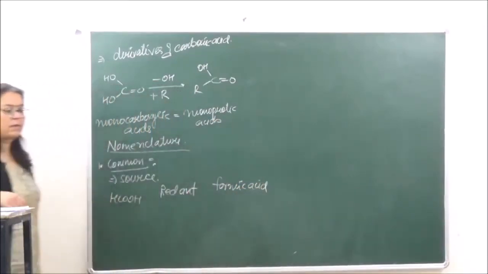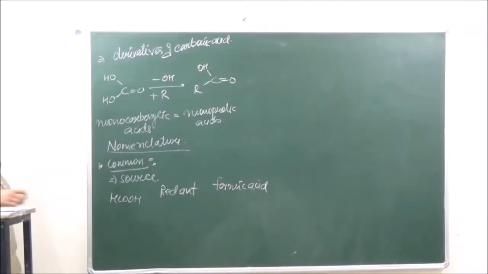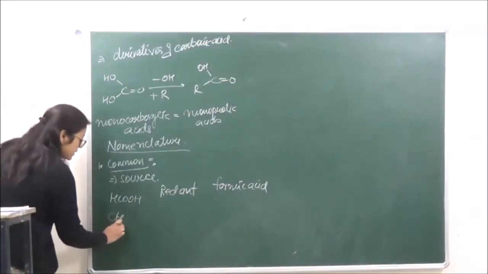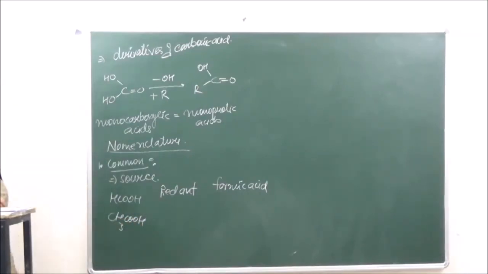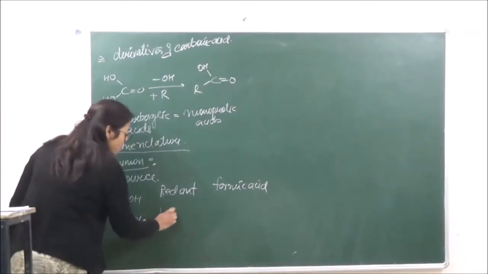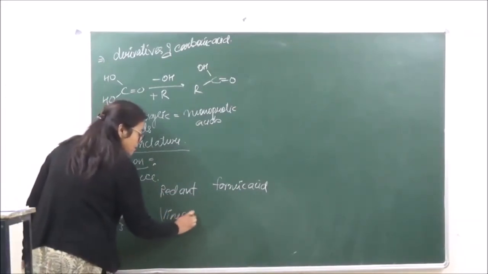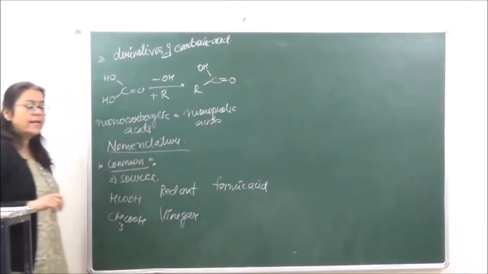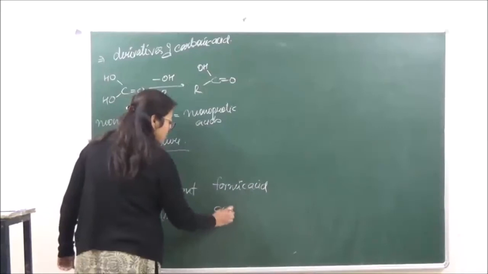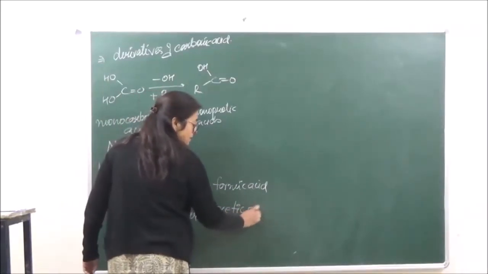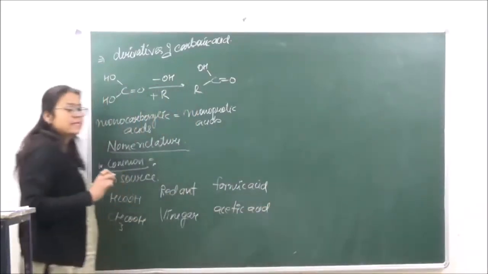That is how it gets the name formic acid. Then we have CH3COOH. This is obtained from vinegar. Vinegar has the name acetum, so that is how we get the name acetic acid.